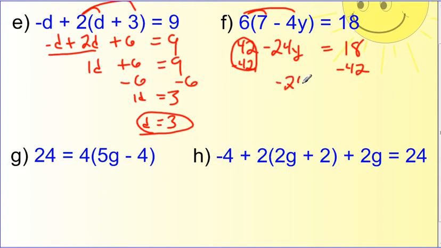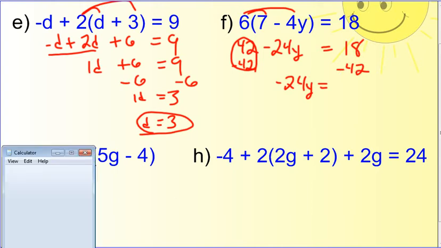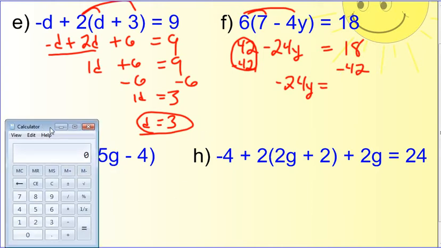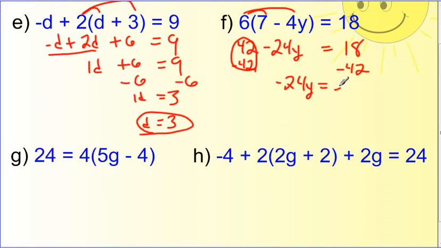Negative 24y equals 18 minus 42. Let's check here. 18 minus 42 equals negative 24. Now, the way we get rid of the multiply by negative 24 is we divide by negative 24, divide by negative 24, and y equals 1.